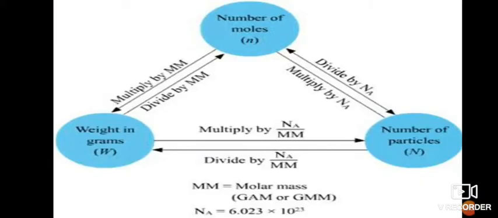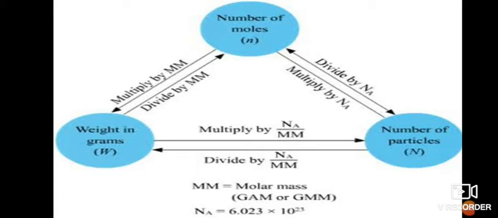Now, there is a picture in which you can calculate the mass, molar mass, number of moles and number of particles. This picture shows a relationship between the mass, number of moles and number of particles.